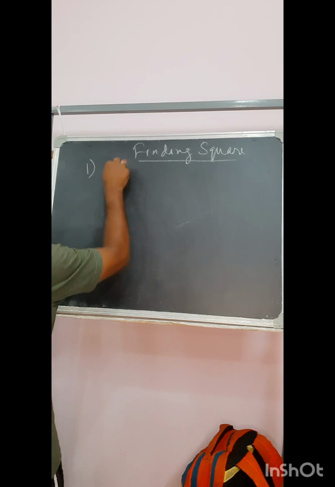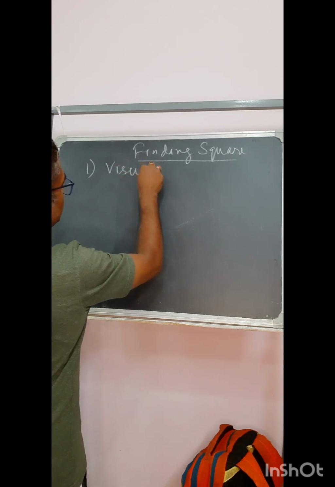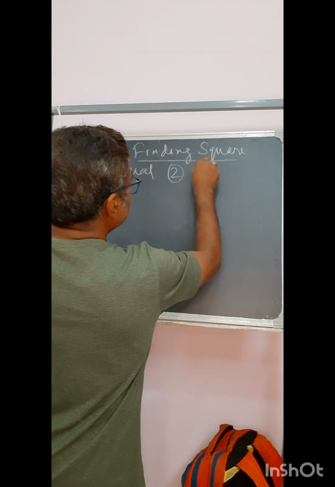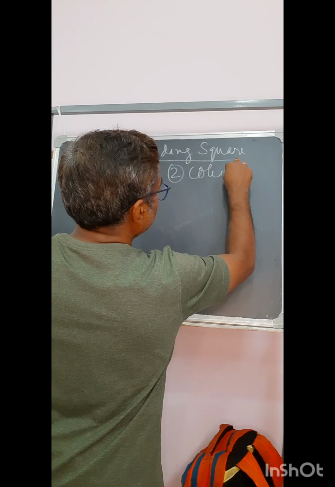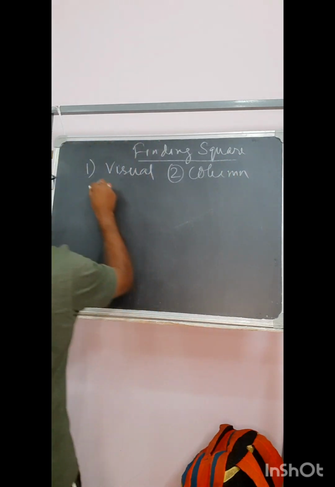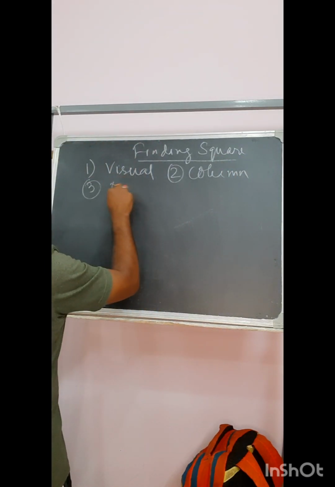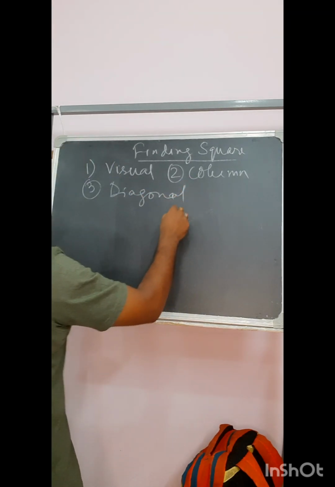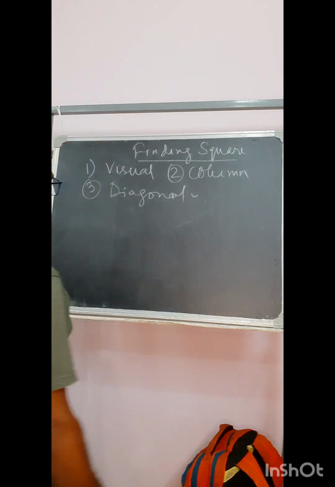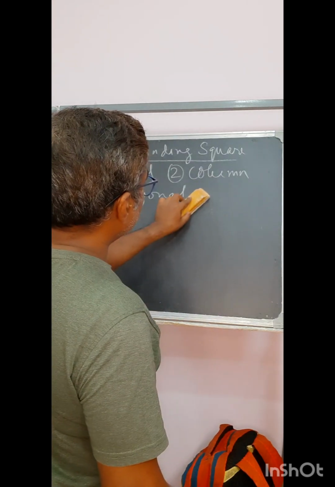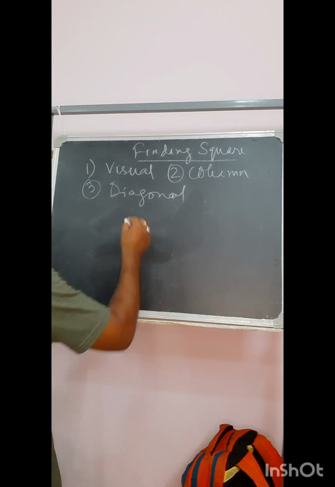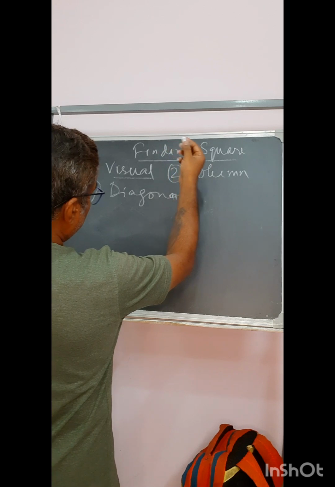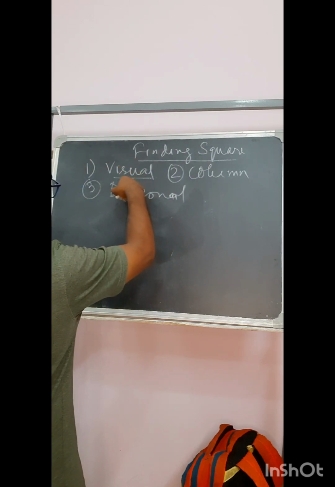First is the visual method, second is the column method, and third is the diagonal method. Of these, the diagonal method is still being used by people and is very friendly to use. Anybody can do it, and it is very easy to understand too.